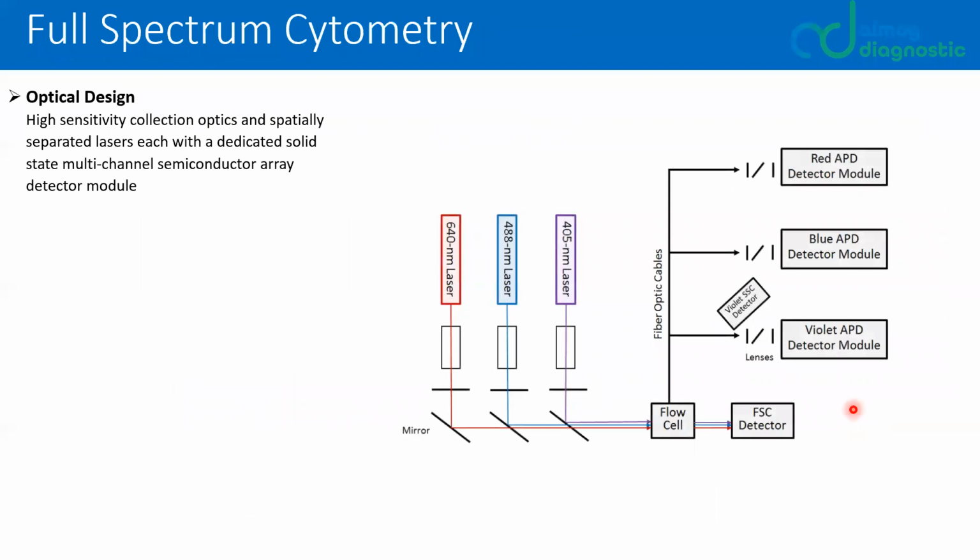So let's dig in deeper to full spectrum cytometry. We have the optical design, which is highly sensitive. The lasers are spatially separated. We have, for each laser, APD detector modules that consist of several detectors. The APDs are highly sensitive, which we'll discuss in the next few slides.